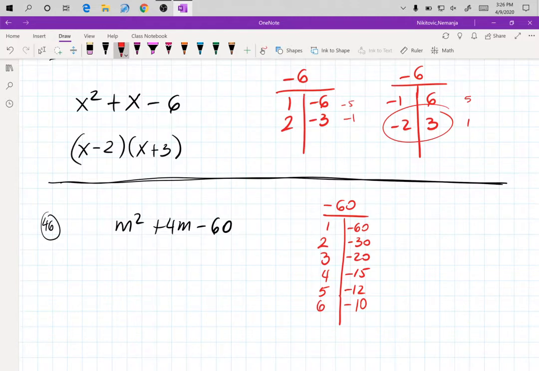So this is the list for negative 60. Now remember, when you have negatives, you can also have negatives on the first number rather than the second number. So all of these could be negative, and then the other ones on the other side are all going to be positive.